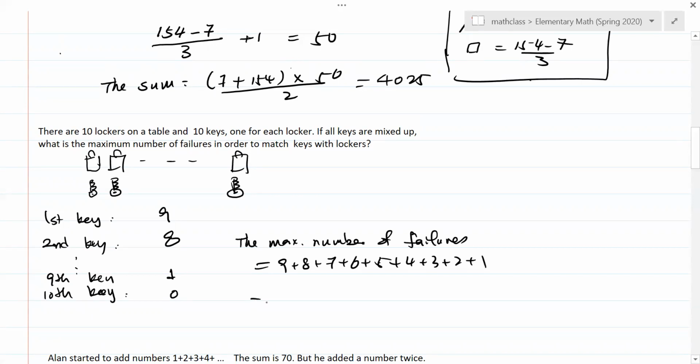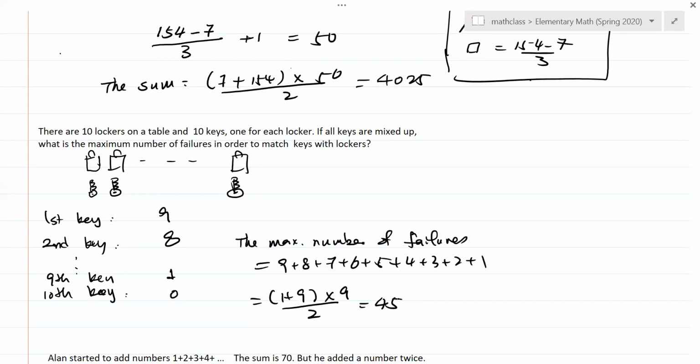According to the above formula, it's the sum of the first term and last term multiplied by the number of terms, divided by 2. So that is going to be 5 times 9, 45. The maximum number of failures in order to match all the keys with the locks is 45. Got it?